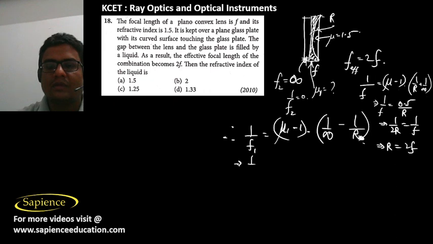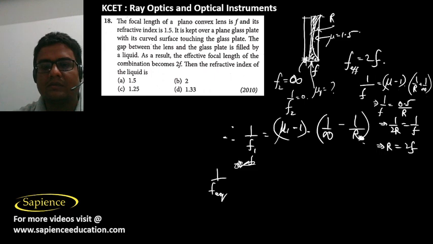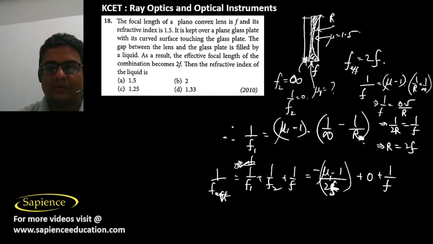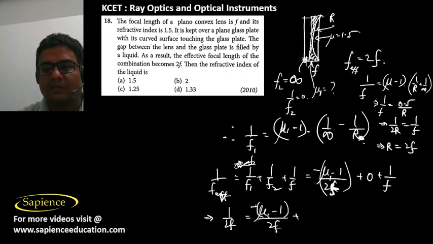Now r is 2f. So here the effective focal length, 1 by f, is 1 by f1 plus 1 by f2 plus 1 by f. So 1 by 2f is equal to mu1 minus 1 minus of that by 2f, plus 0, plus 1 by f.